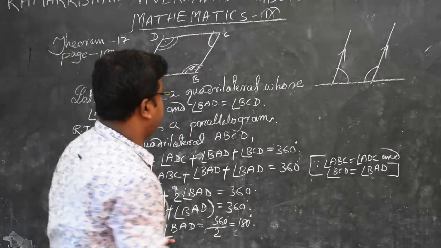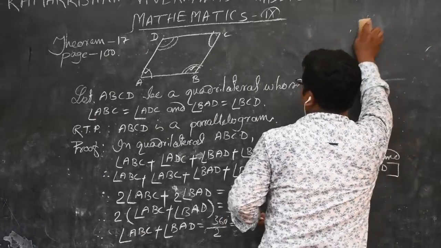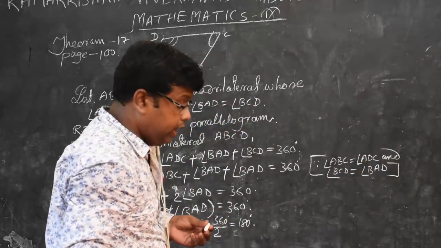Now we have to give the reason why AD and BC are parallel.